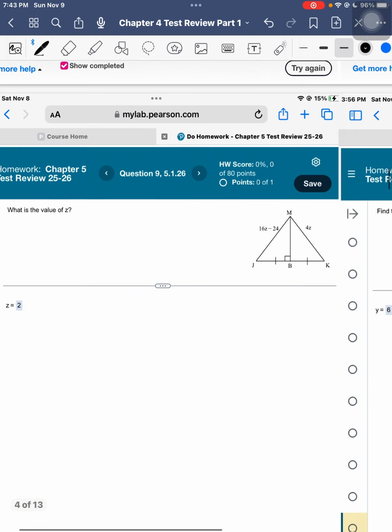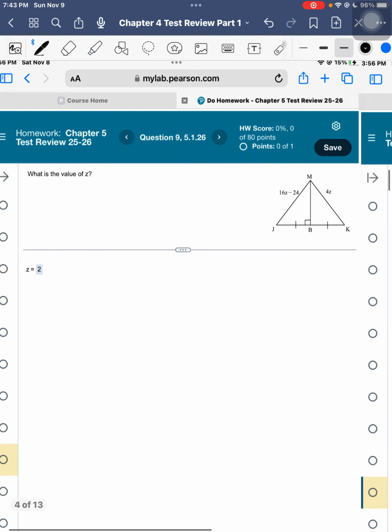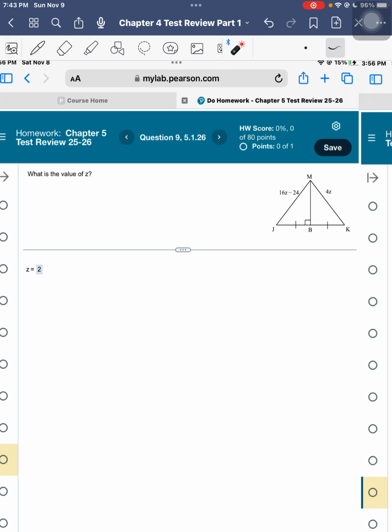So what is the value of z? If we look here, we see that we have a perpendicular bisector. So any point on this perpendicular bisector, let's call it point M, is going to be equidistant to the endpoints of the segment that was bisected perpendicularly.